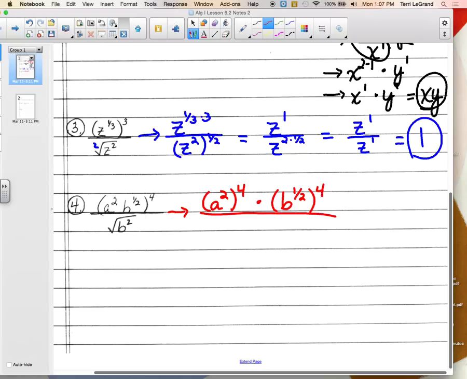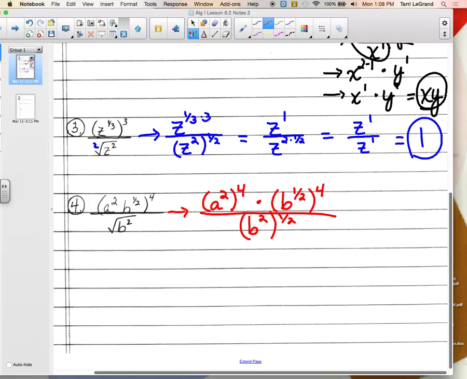How can we rewrite the downstairs? Isaiah? You can do B to the second in parentheses raised to the 1/2. Yes, that's really B squared raised to the 1/2 power. Whenever there's a radical sign with no index written there, we know the index is 2.